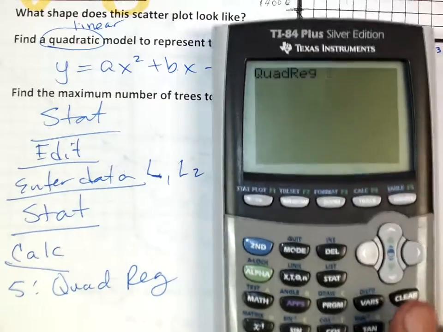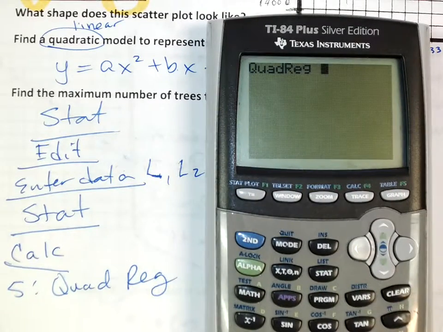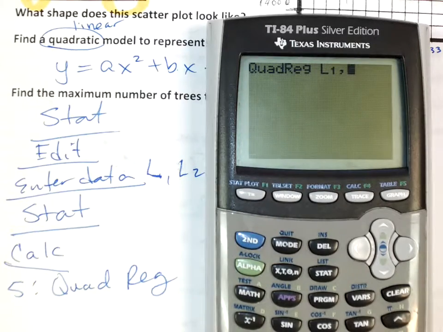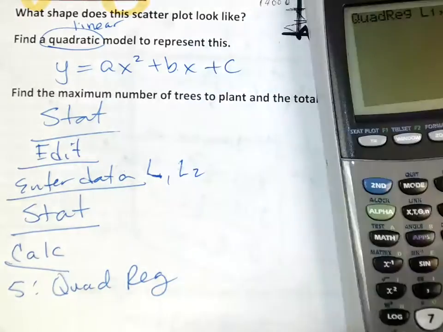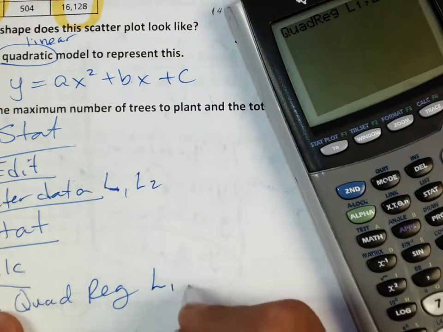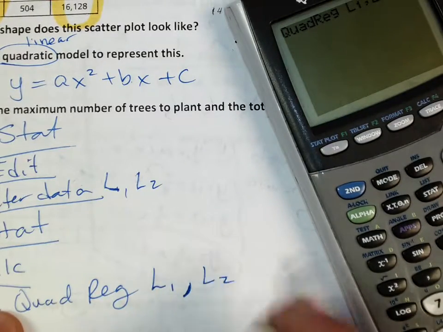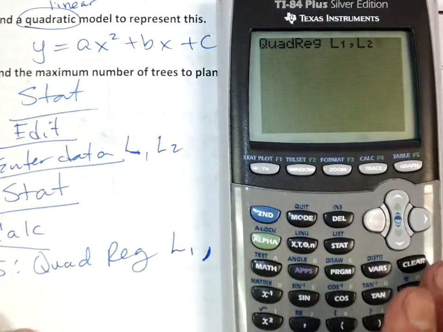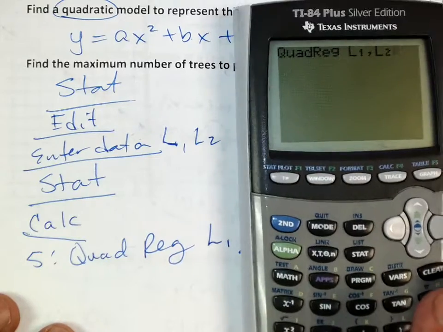Now I gotta get list 1 because that's where my numbers are. So second list 1, comma. Don't forget your comma. And then list 2. So we're gonna go L1, comma, L2. So who needs help real quick? Can you just scoot over a second? Okay, everybody see it?